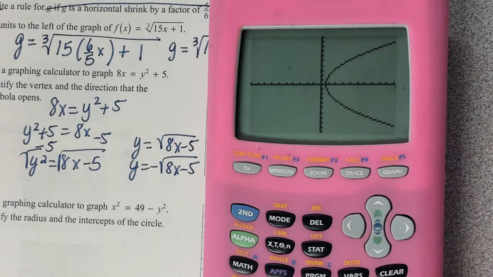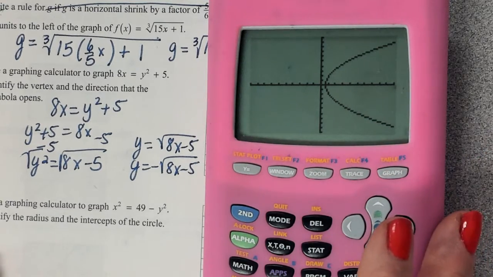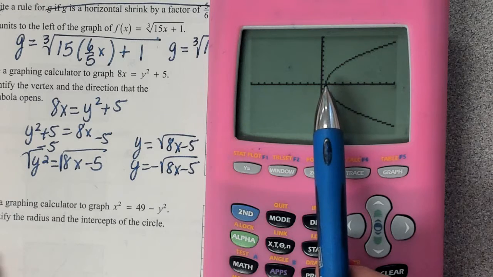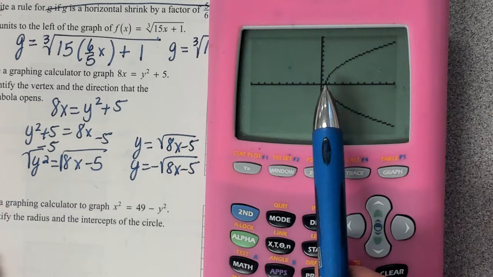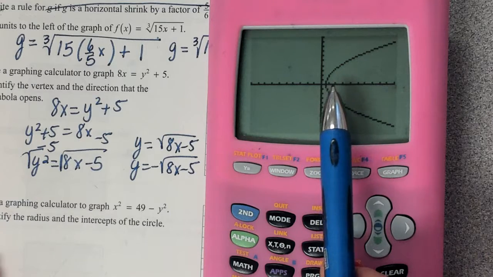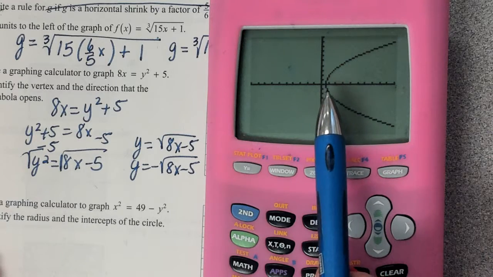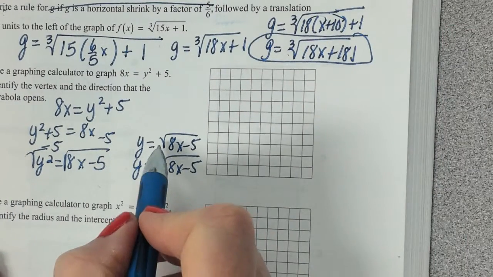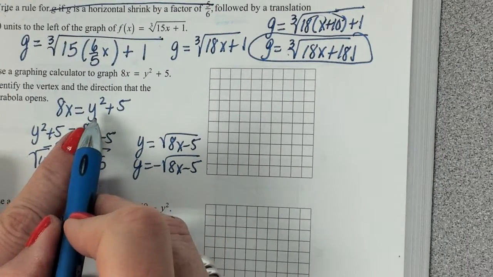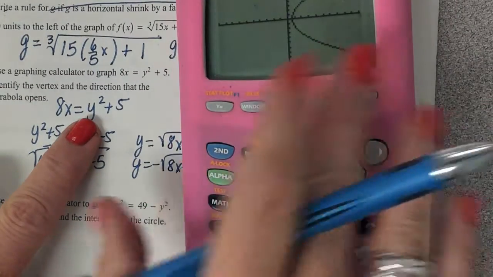Okay? So here's what we're going to do then. We're going to copy this graph. Now, doesn't it look like it's not at 1, that vertex, but what's the y value at that vertex? 0, isn't it? So if I want to find out where the vertex is, all I have to do is plug in 0 for y.